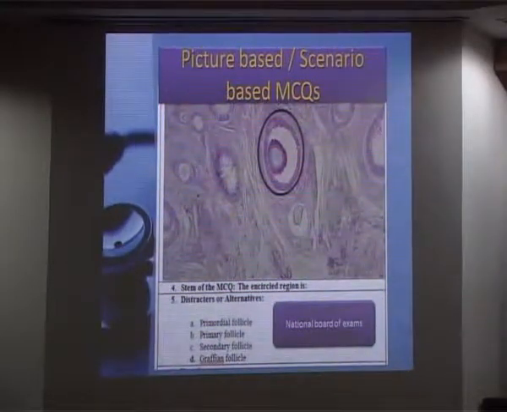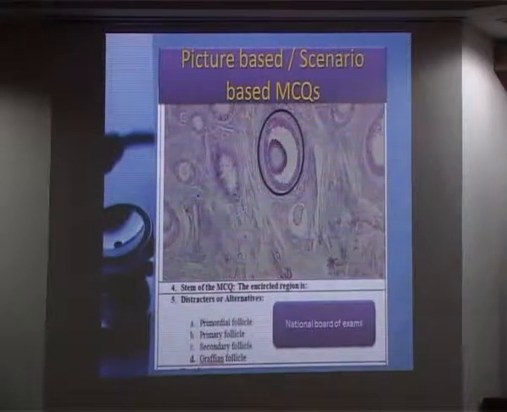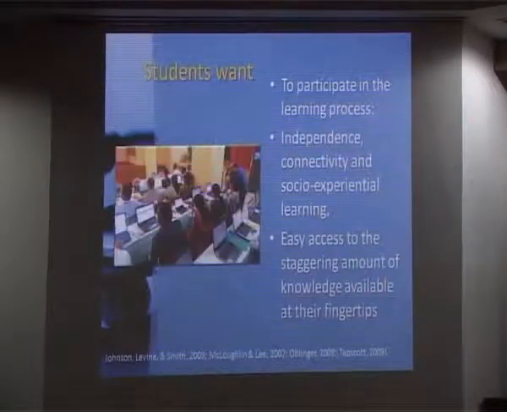Students slowly take up the technology, teachers fall in line with the technology. I think this is a landmark achievement as far as India is concerned, where the National Board, instead of having simple text based MCQs, moved into pictorial based MCQs. There are certain subjects where it is running dominantly, but slowly other subjects are also falling in place.